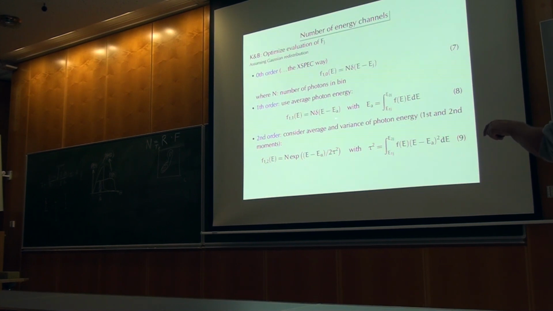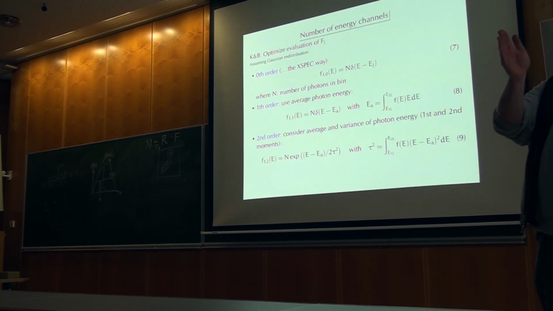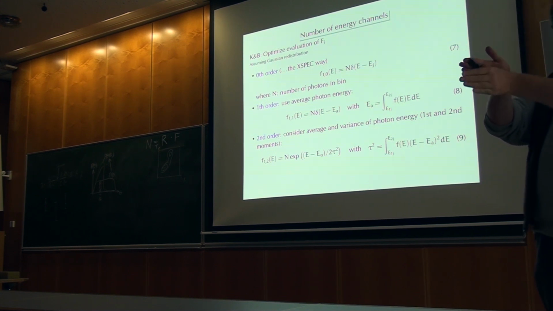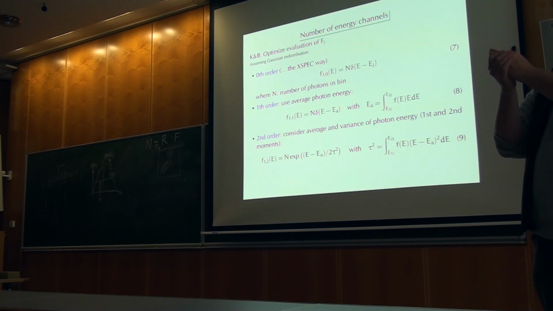Okay, so you evaluate the average energy once, then you know where to evaluate your model in the bin, and use that value rather than the middle. So for example, if you have a line that is in your bin, do not evaluate the value of the line in the middle of the bin, but where the line is really located.